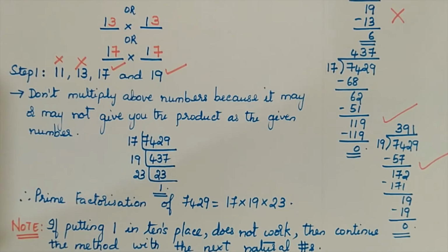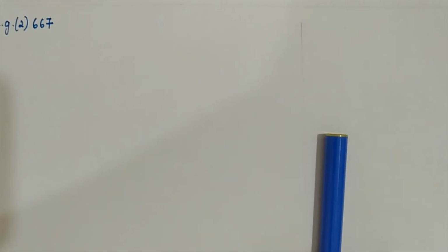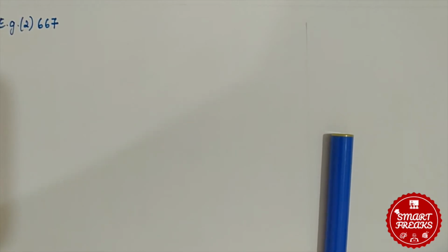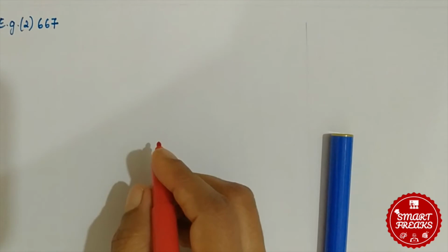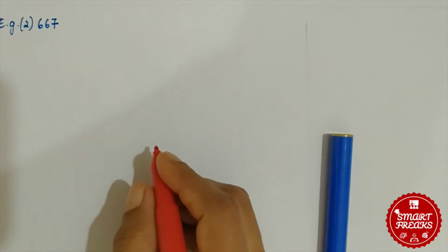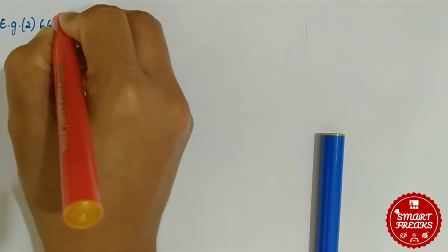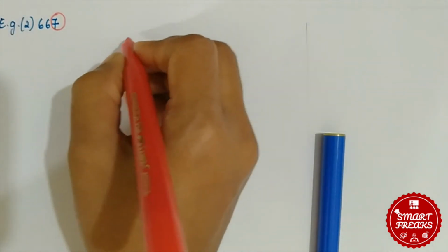So to understand this, now let me take another example, 667. Here 7 is in the units place.